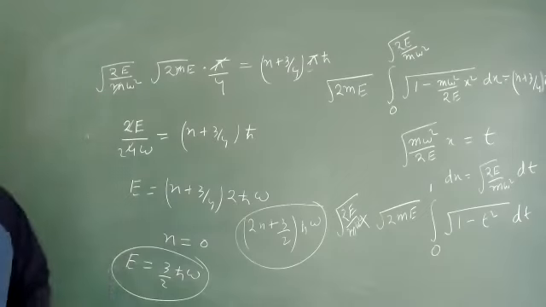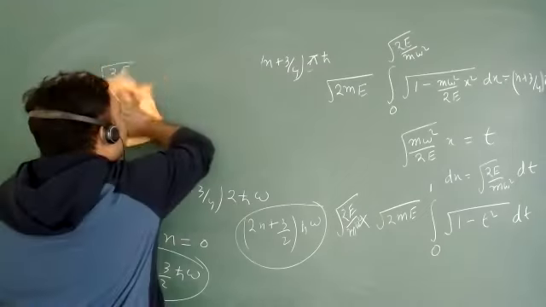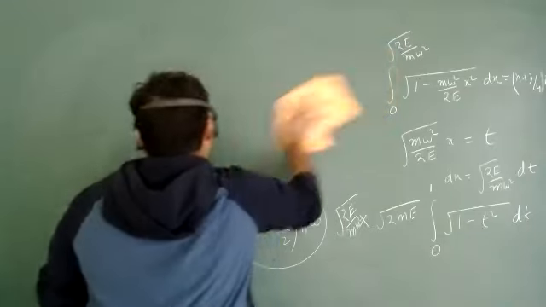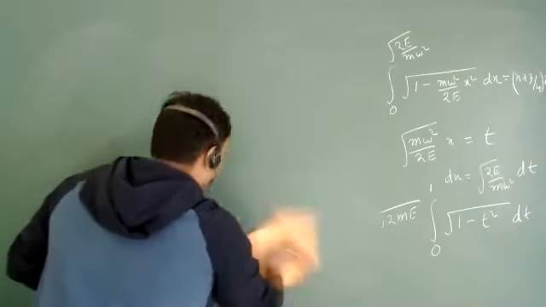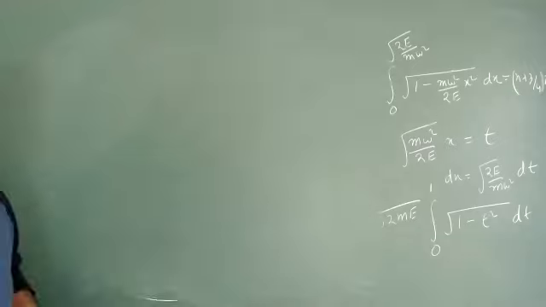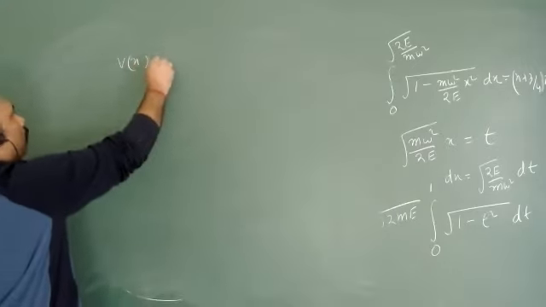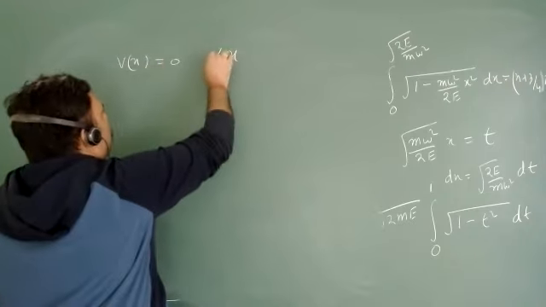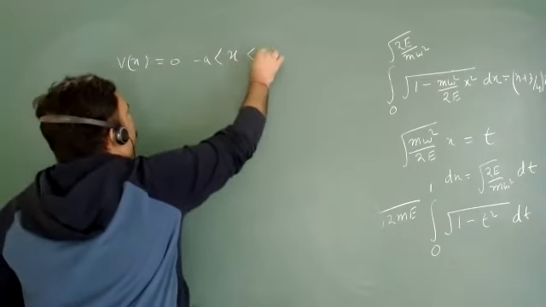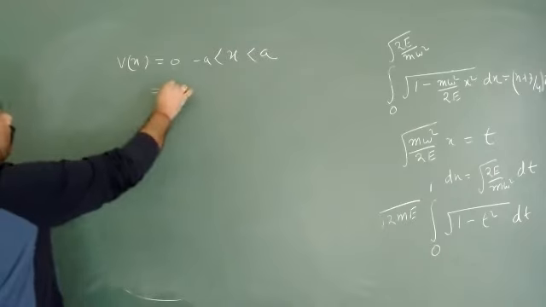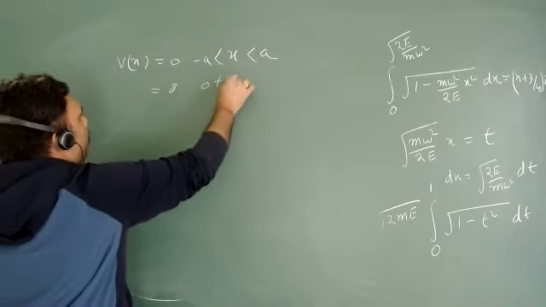Let's go for particle in a box. So particle in a box is very simple, isn't it? For particle in a box, we can take V(x) equal to 0 for x between, let's say, minus a to plus a, and infinity otherwise.